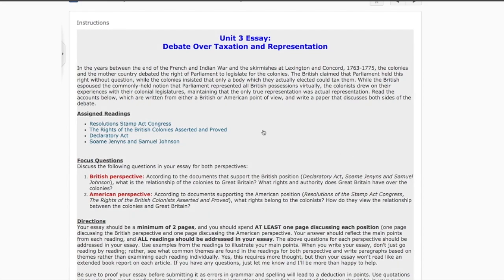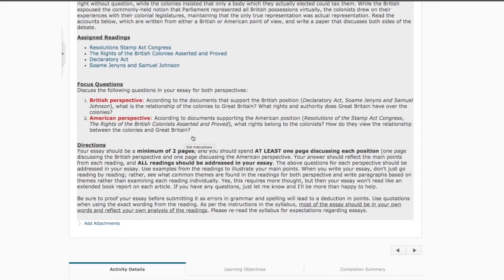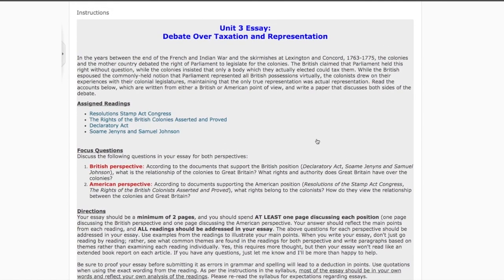So if you look at the assignment, it asks you to describe the British and the American perspective on the debate over taxation and representation before the American Revolution. And you see the links to the assigned readings that you have to have read for the assignment. You must read all of these readings, and these are the only links to them in the course.